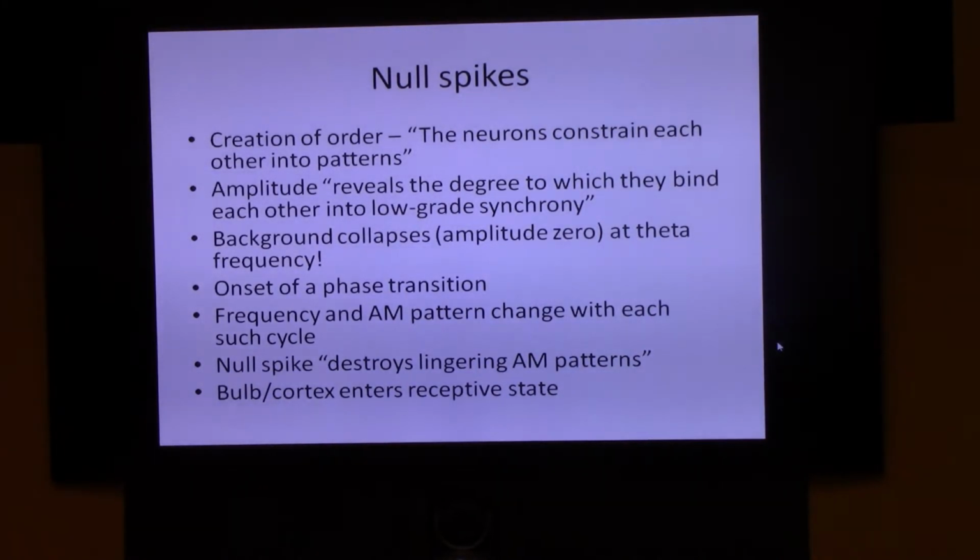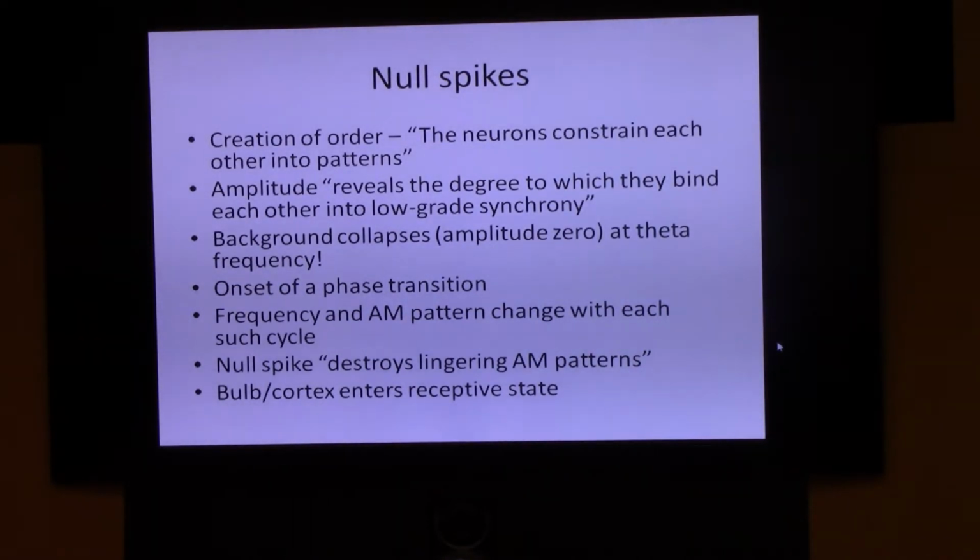And so he's saying that the neurons are constraining each other into patterns, and that the amplitude is revealing the degree to which they bind each other into low-grade synchrony. His interpretation is that this null spike is the onset of a phase transition in the dynamics.